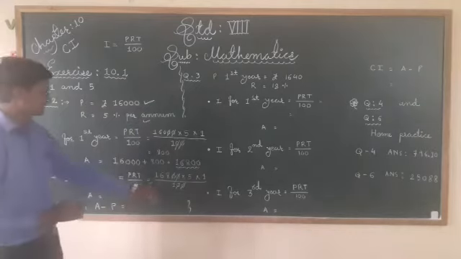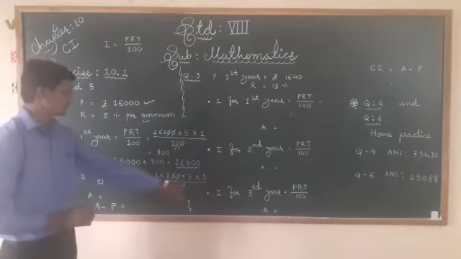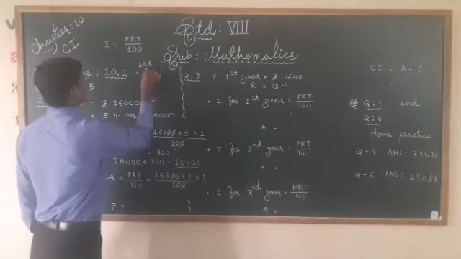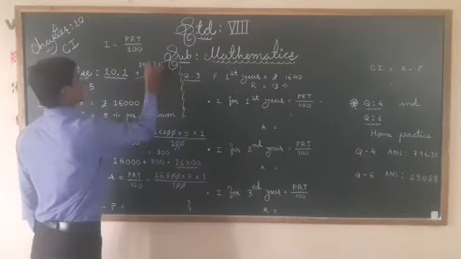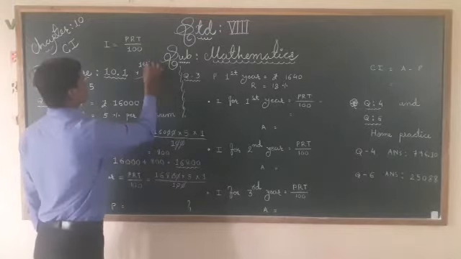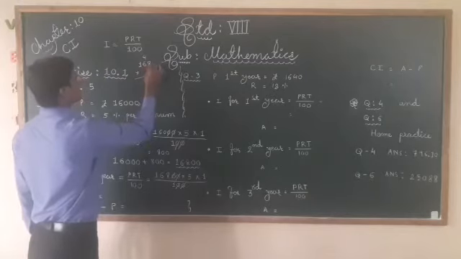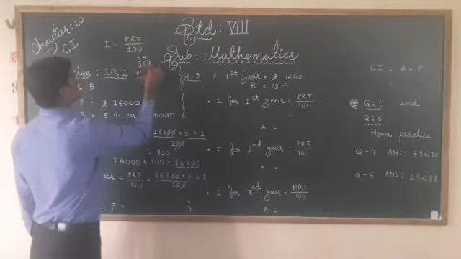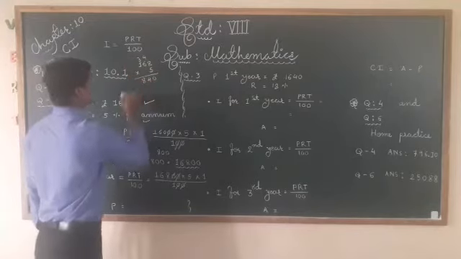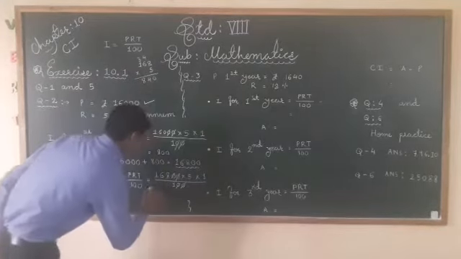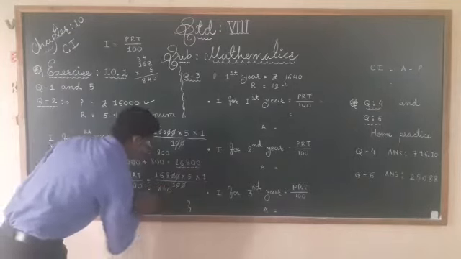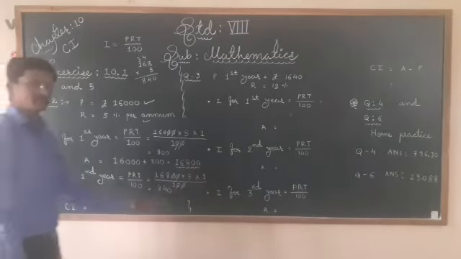Now multiply 168 by 5. 8 fives are 40, 0 and 4 carry; 6 fives are 30, 30 plus 4 is 34, and 3 carry; and 1 five is 5, plus 3 is 8. So our answer here is rupees 840. Okay, so that is the second year interest.